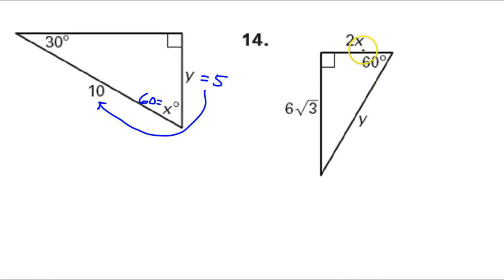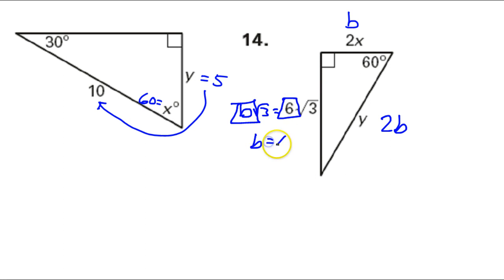So for now I will call this b, and that's going to make this 2b, and that's going to make this b radical 3. Actually, I feel silly now because looking at the b radical 3 equals 6 radical 3, it's easy to see that the short leg must be 6.